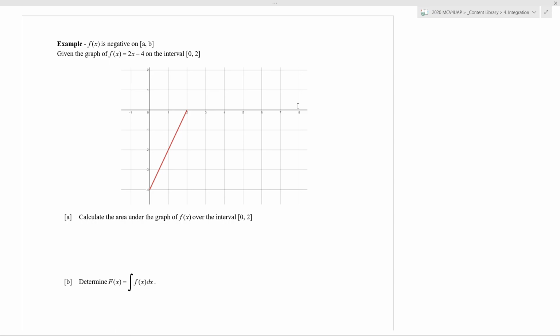So area is never a negative quantity. It makes no sense to say that the area of your living room is negative 1,500 square feet. Area is a positive quantity. So this is 1/2 the base, which is 2, times a height, which is 4, gives us 4. So the area is 4. This area in here is 4.